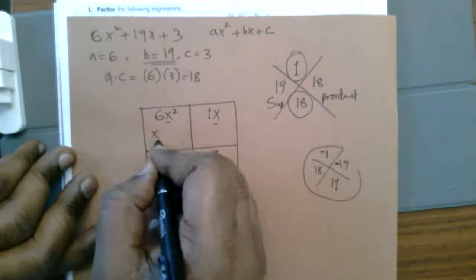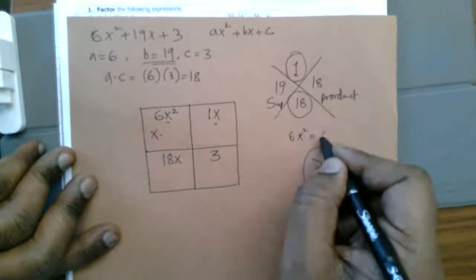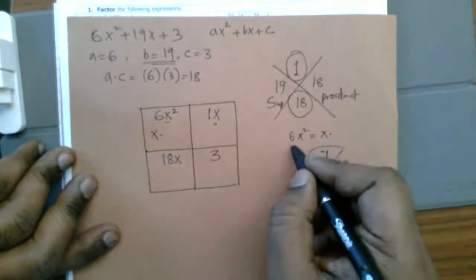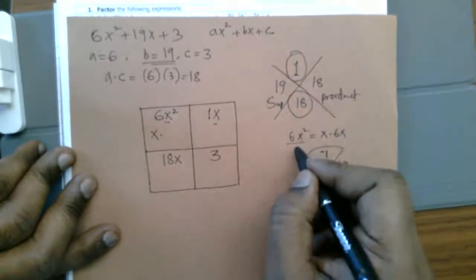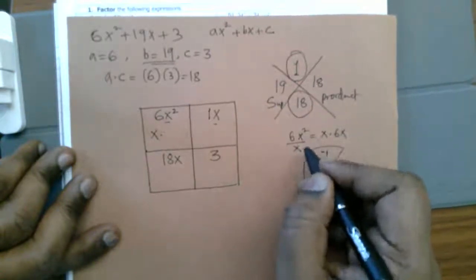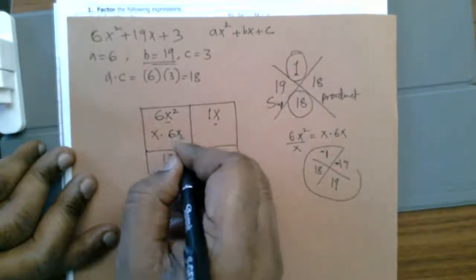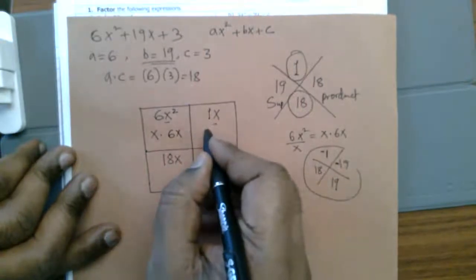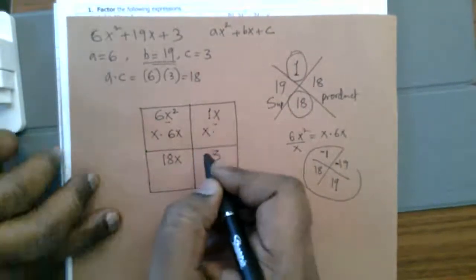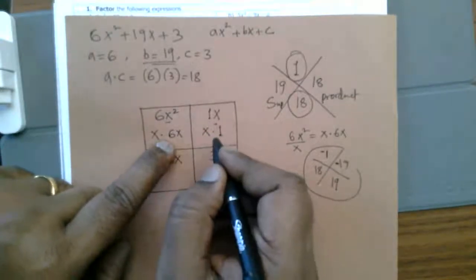So I'll write down x here. From 6x square, if you separate x, you still have 6 and x, right? On dividing it, you see, divide by x, x remains with the 6. So x times 6x, and this, tell me what goes here now? x times how much? x times 6x, and here x times 1.